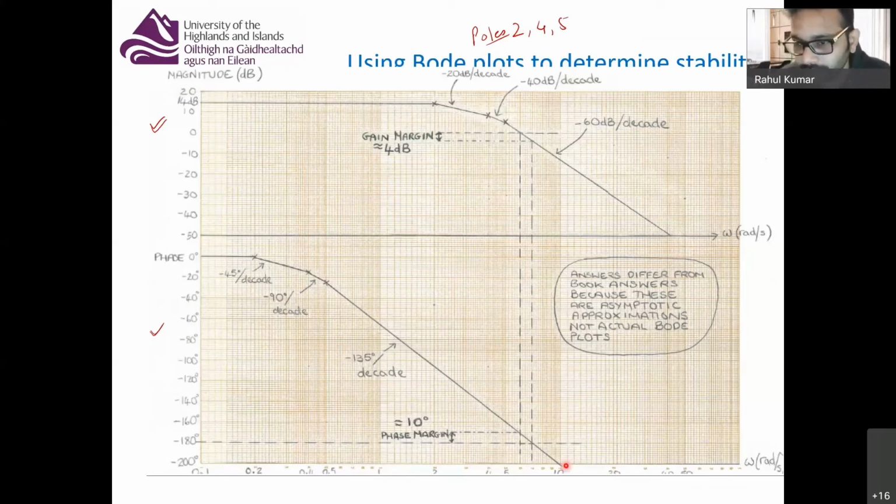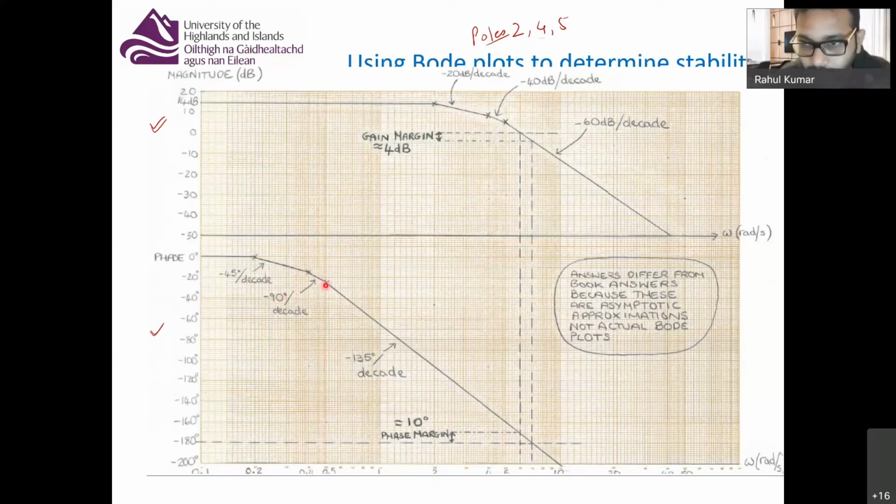So from 0.2 the slope is changing by minus 45. The next pole is at 4, so the effect will start from 0.4. It will go all the way up to 40, right? So at 0.4 your slope further reduces by minus 45, that is altogether minus 90.